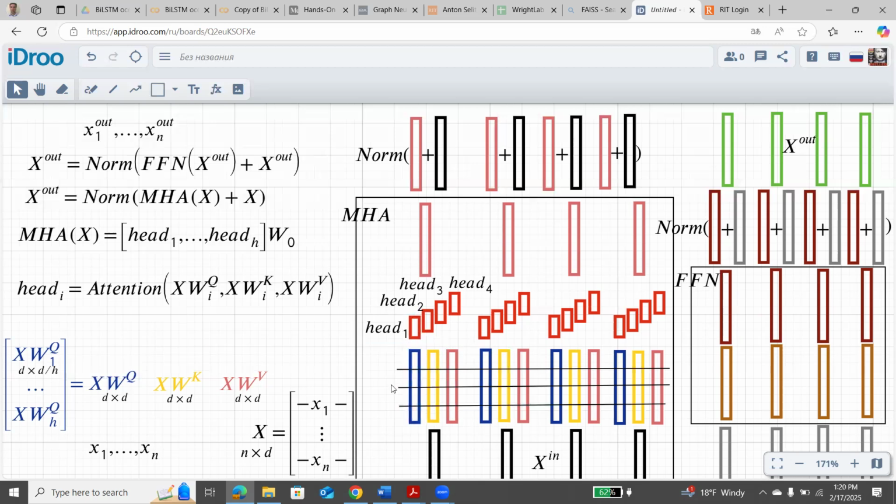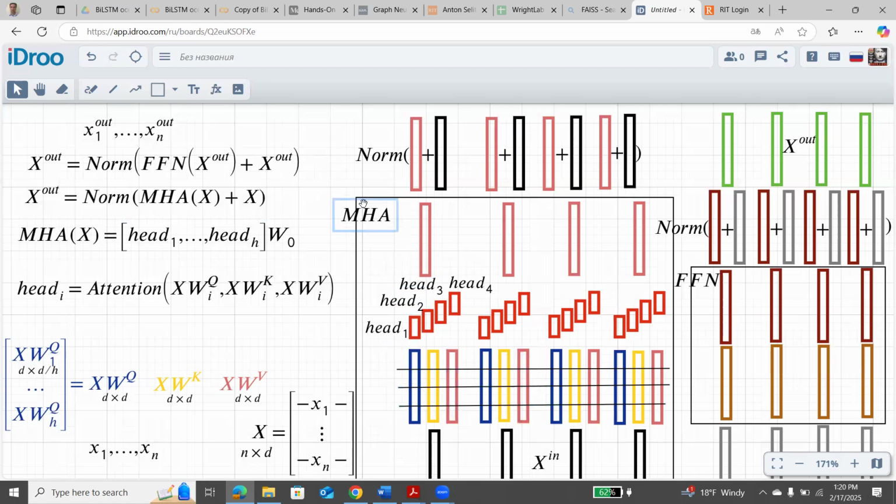So we apply attention for each head. In my case, I have 4 heads. So after applying attention, we have 4 attentive heads. And then we concatenate these heads and apply a linear layer. And all this is called the multi-head attention layer.